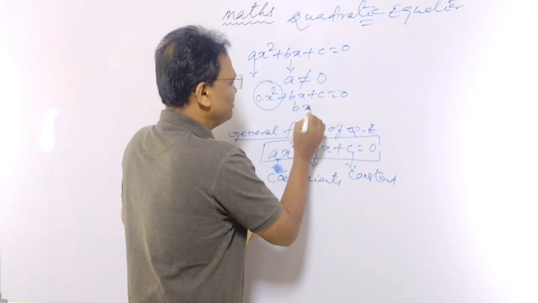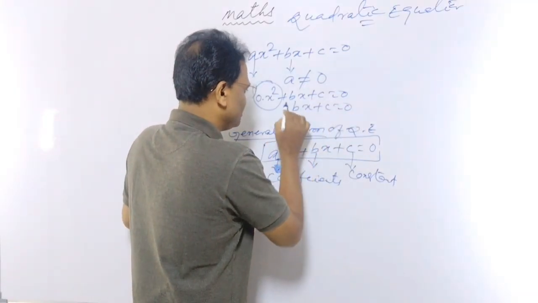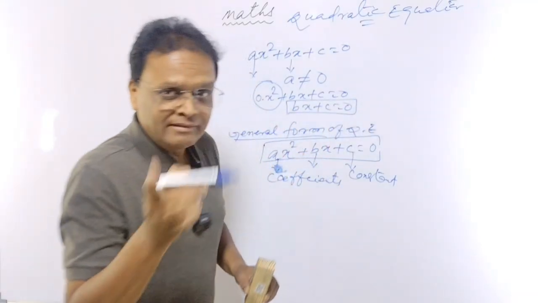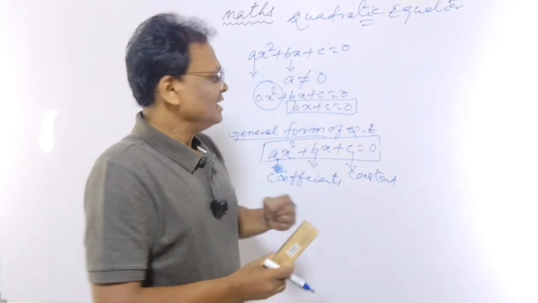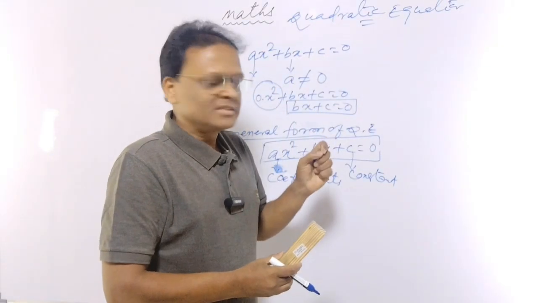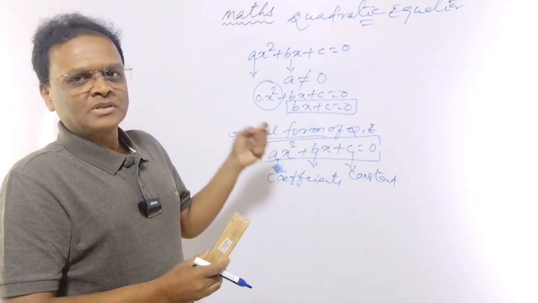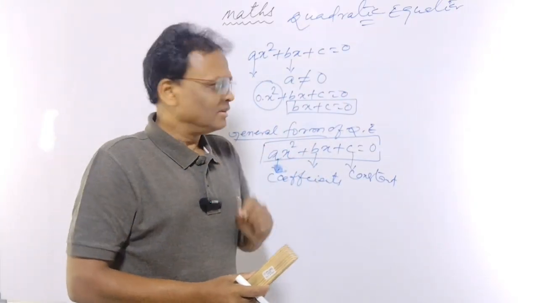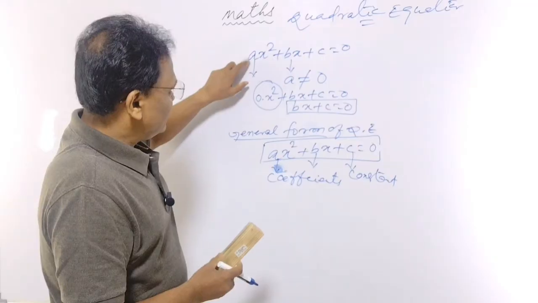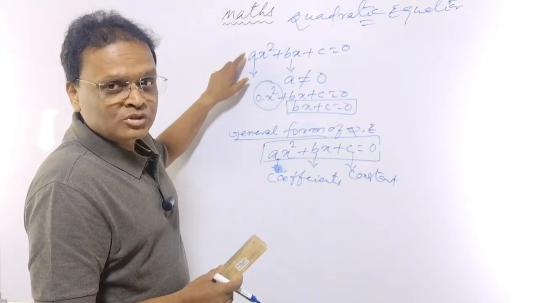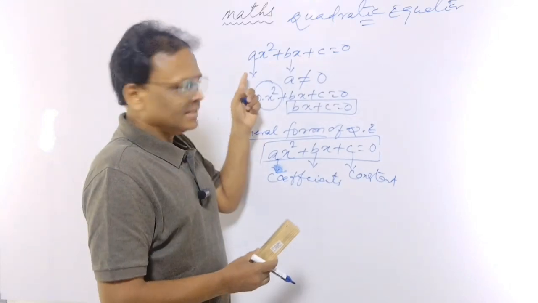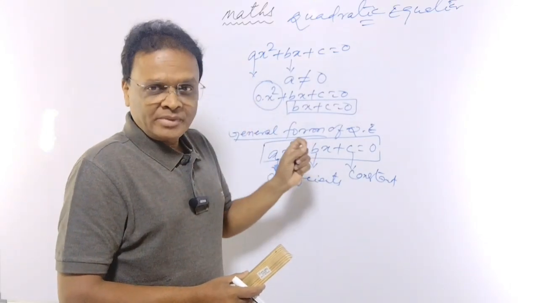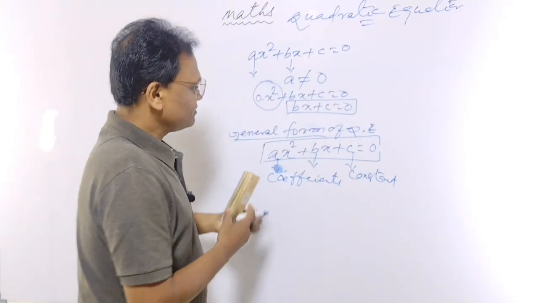Finally, I get bx plus c equals 0, which is a linear equation because the highest power of x is 1. So the most important condition in ax square plus bx plus c equals 0 is that a should never be equal to 0. This is the most important condition for becoming a quadratic equation. Next one.